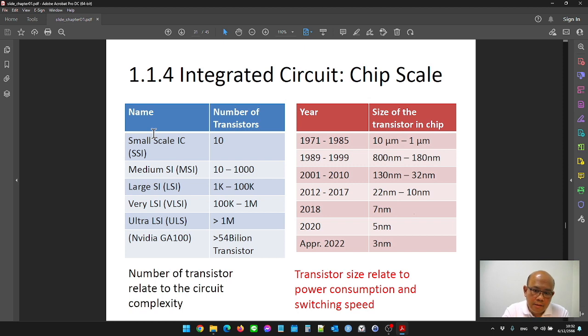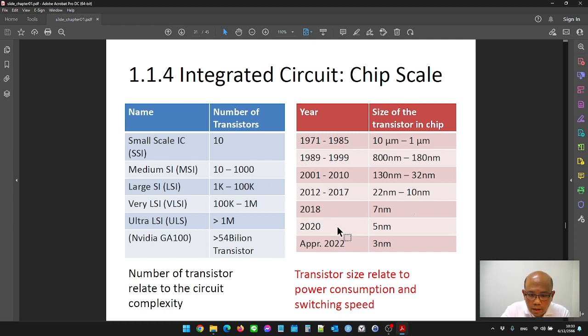That is, in this picture, the transistor inside the microprocessor. When the chip maker creates a very small transistor, it is related to low power.